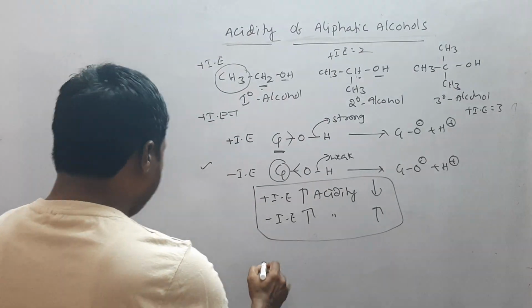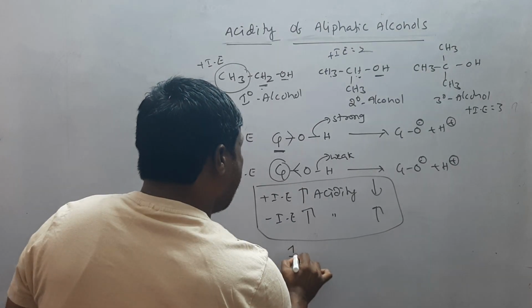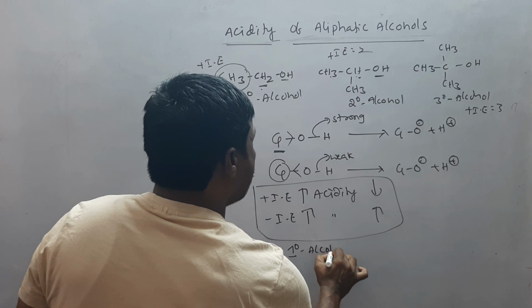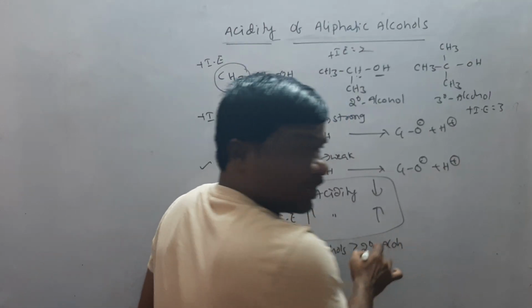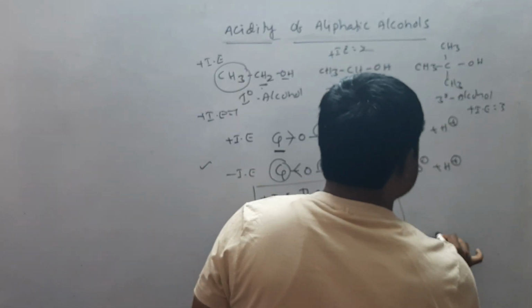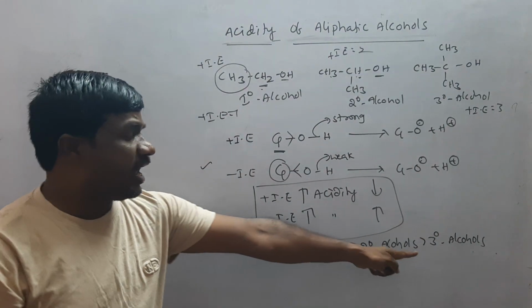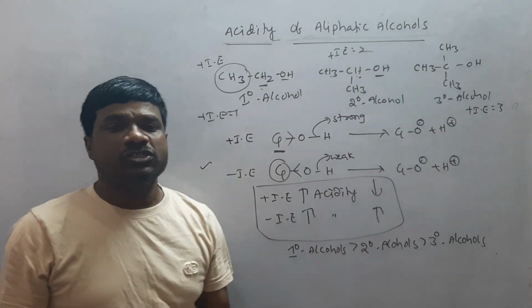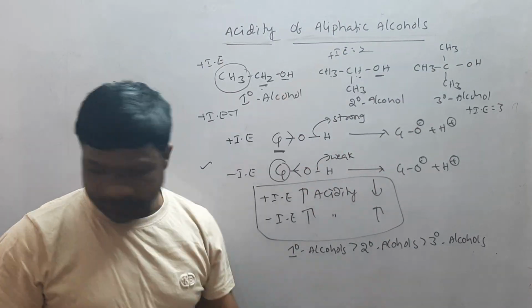So finally, primary alcohols are more acidic than secondary alcohols, then tertiary alcohols, because tertiary alcohols have more plus I groups. While plus I groups increase, acidic character decreases.